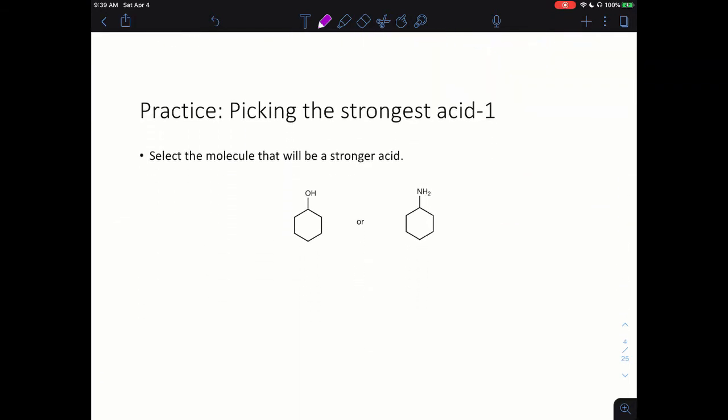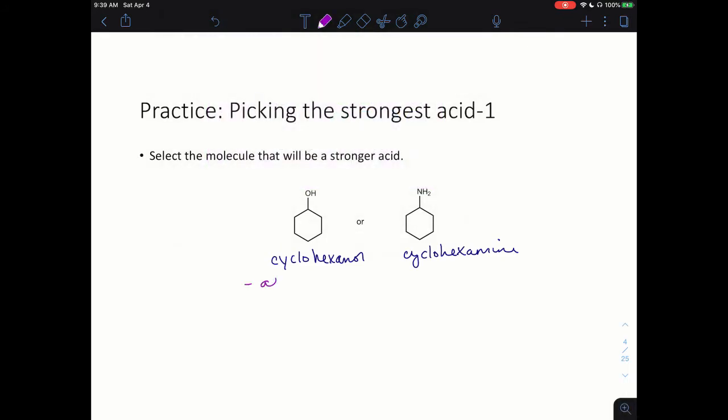Let's look at a different example. So let's compare these two molecules. So we'll compare cyclohexanol to cyclohexamine. What do you think the stronger acid is?